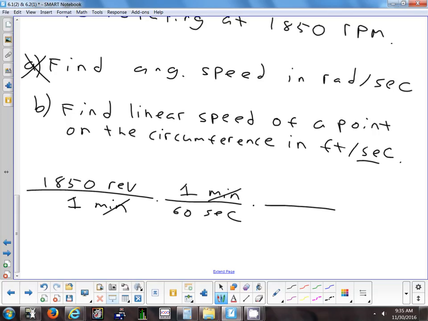So where is revolutions going to go? Top or bottom? Bottom. Feet is in the top. Now, how do you figure out how many feet in a revolution? What is that really? Like imagine you mark a tire, right?